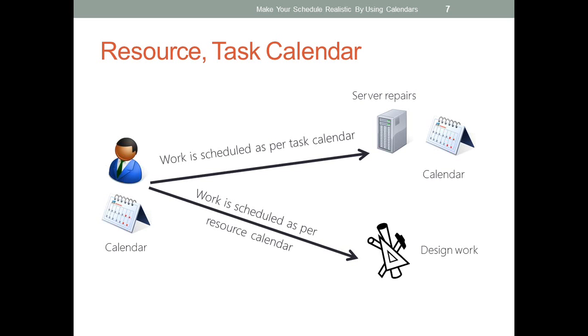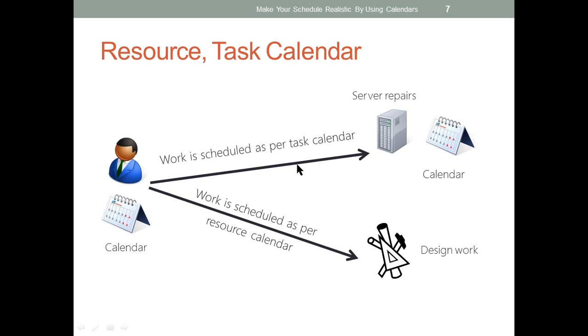So it will try to find a common working time between the task calendar and the resource calendar for scheduling that work. But what if there is no overlapping working time between the resource calendar and the task calendar? Let's say the server repair can be done only on a Sunday, which means the task calendar will be configured so that only Sunday is working and the remaining days are not.